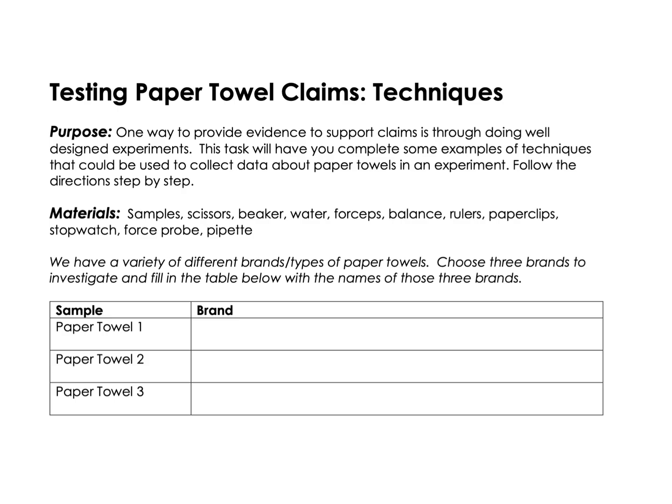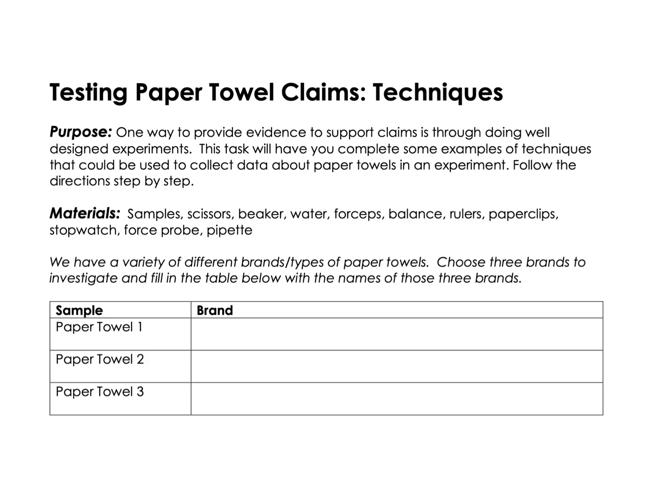All right, so then we got to the testing paper towels claims, and we investigated 2 different techniques for looking at paper towels. So one way to provide evidence to support claims is doing them through well-designed experiments. This task will have you complete some examples of techniques that could be used to collect data around paper towels in an experiment. Follow the directions step by step.